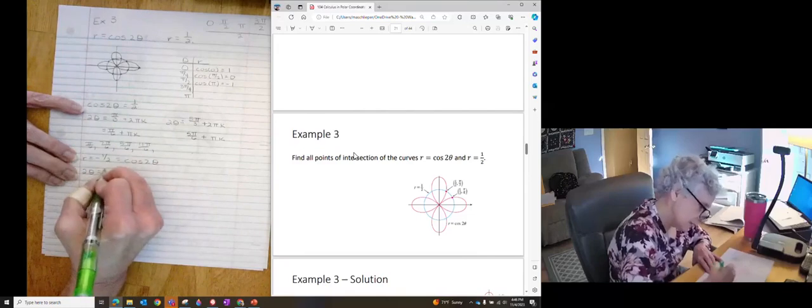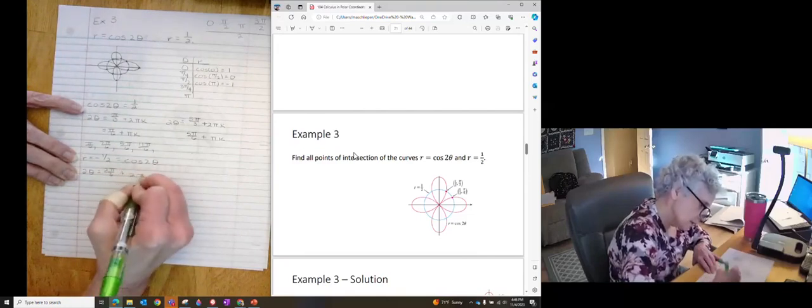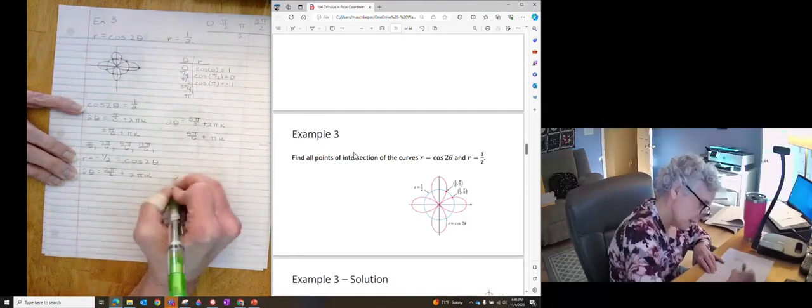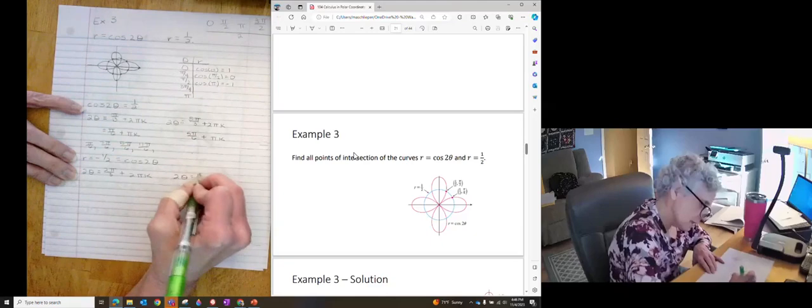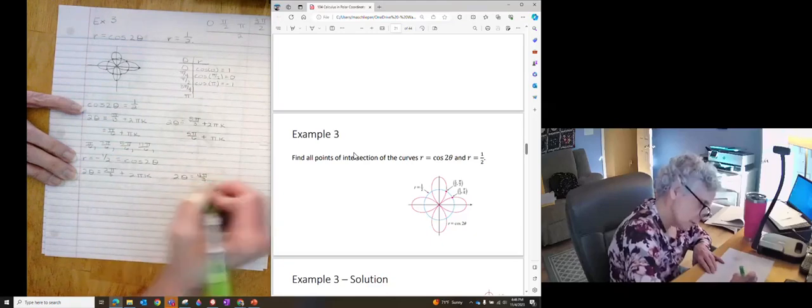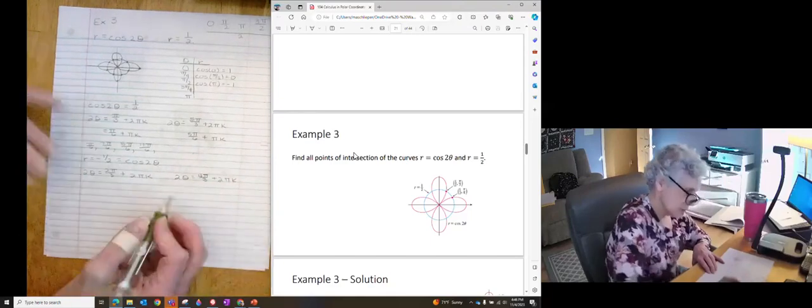And then I would get 2 theta is equal to 2 pi thirds plus 2 pi k, and 2 theta is equal to 4 pi thirds plus 2 pi k.